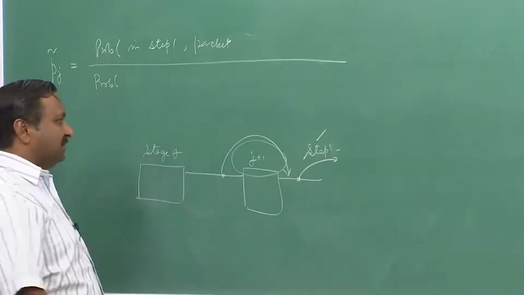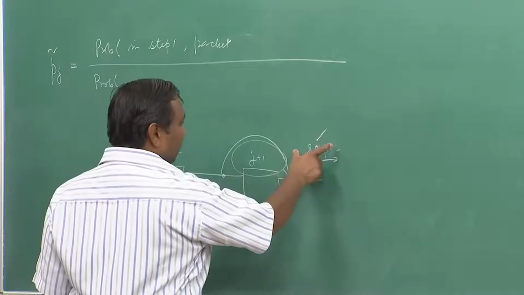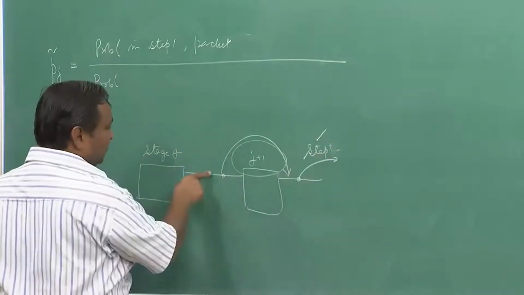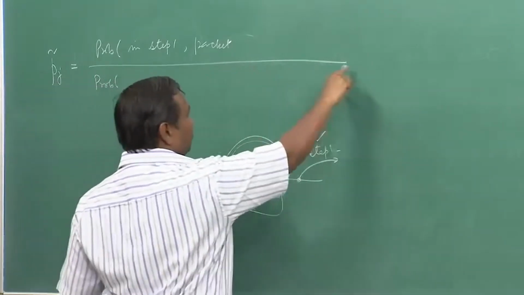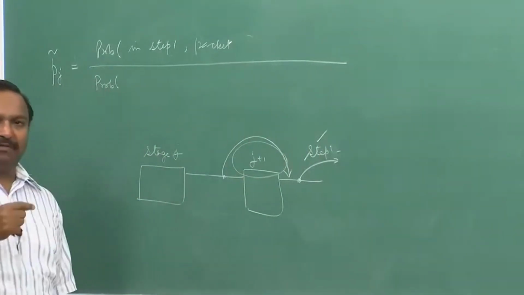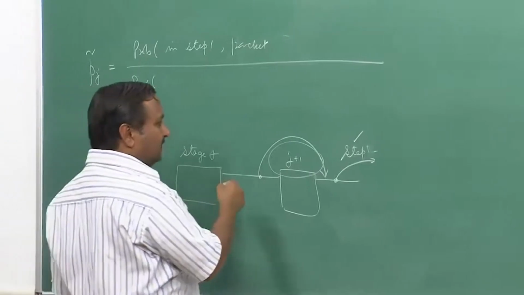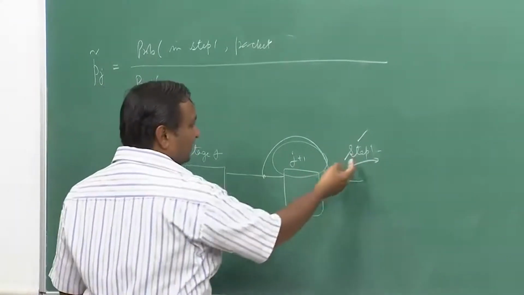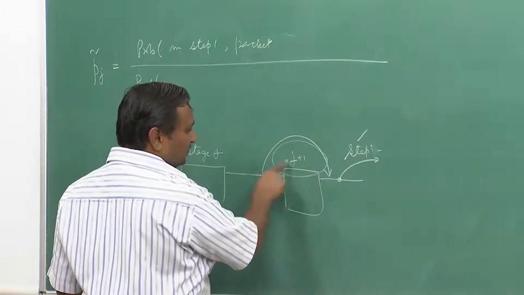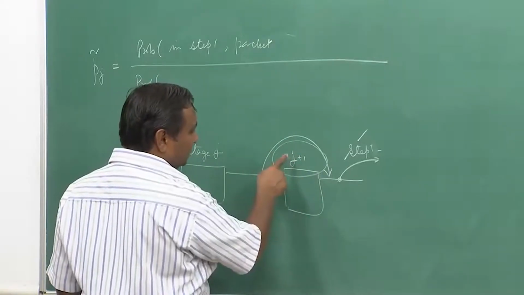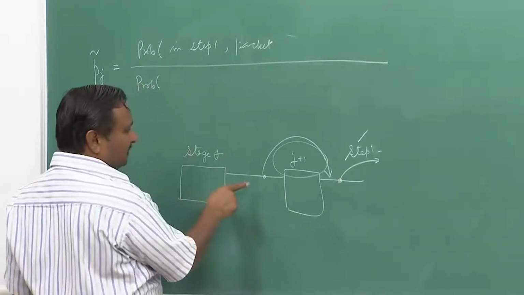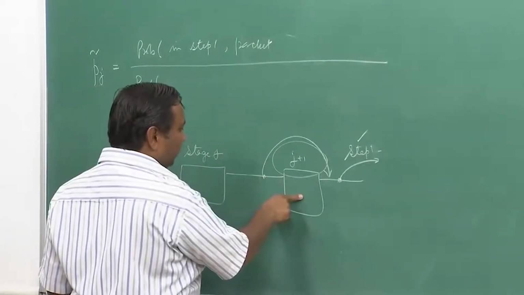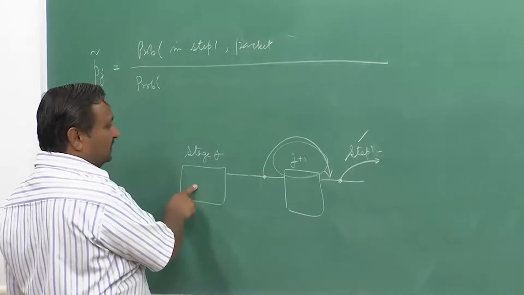So, I am trying to estimate what are the states after step 1 where there is a packet which is present here. Okay. So, that I will be using as numerator, that is the probability that the packet will be present there, and then I will find out that after step 1 what is the probability that this switch is in such states where a packet actually can transition in step 2 of this one, which corresponds to step 1 for stage j.